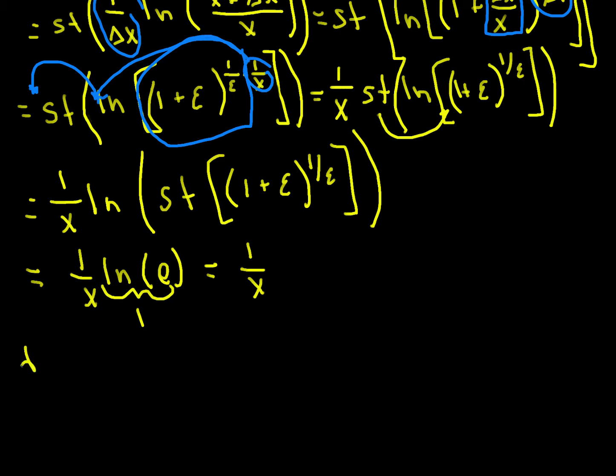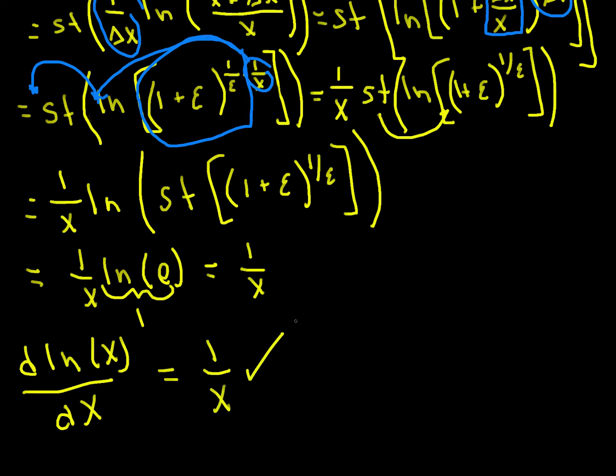We've got that the derivative of the natural log of x with respect to x is 1 over x. There, we did the hard work, and now we never have to do it again. And in fact, we can use this to derive the derivative of any logarithm, regardless of its base.